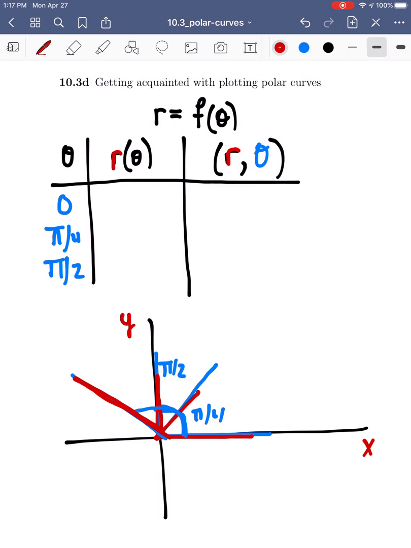Okay, well, let's start actually doing some examples. And the first example I want us to look at is just the function r of theta is equal to 2.